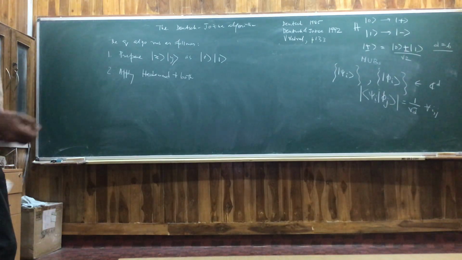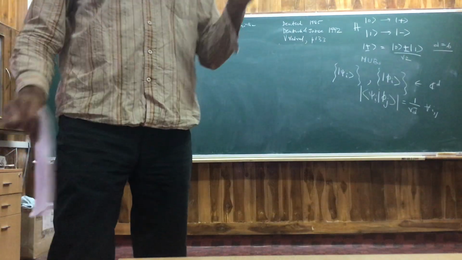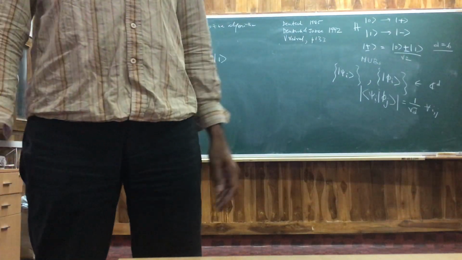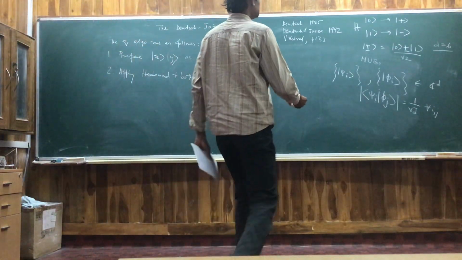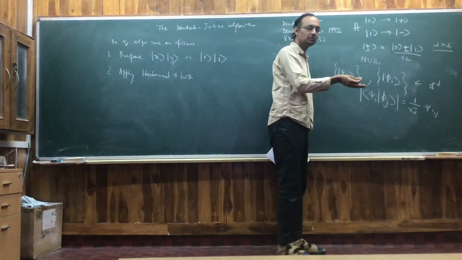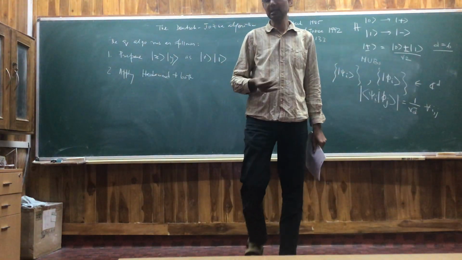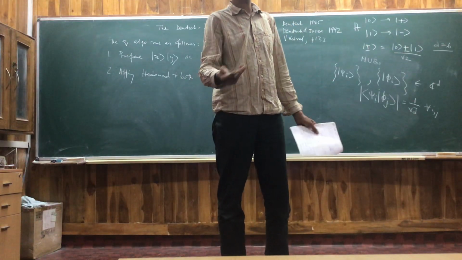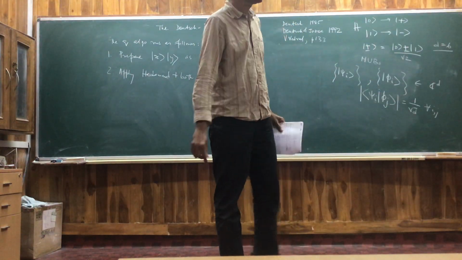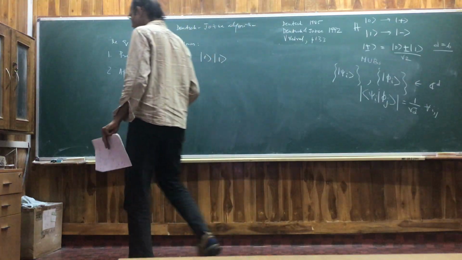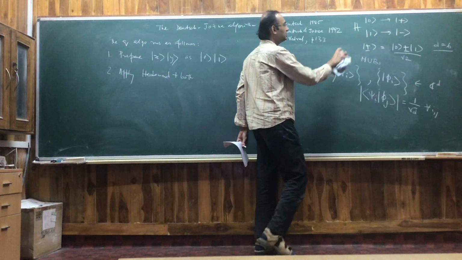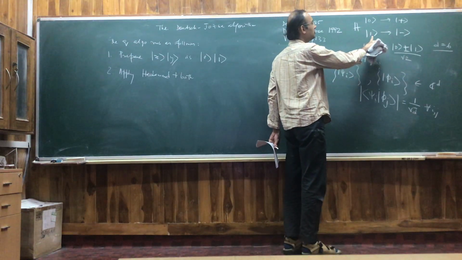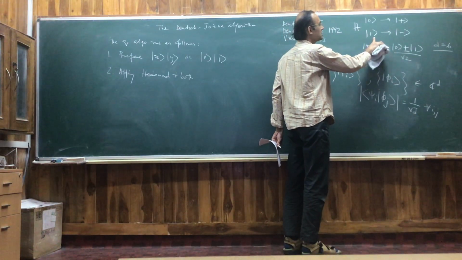For 2 dimensions, it's like the basis of sigma x, y, z. In 2 dimensions, it's very easy. These MUBs come up in many different problems like state estimation and eavesdropping strategies. So what I want to say is that this Hadamard gate takes you from one basis to its MUB.